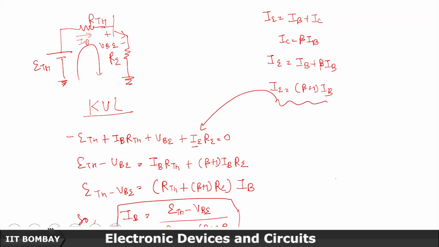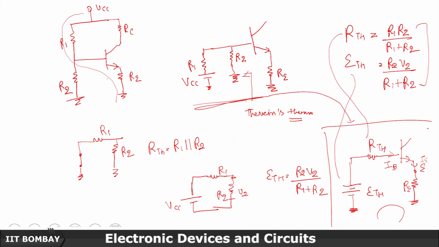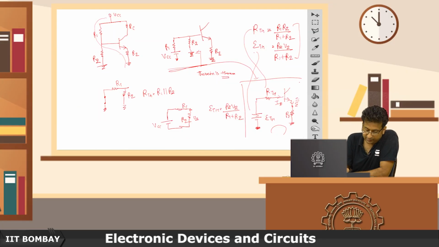So what we did here, this was the voltage divider bias circuit, because voltage division is happening here. We used the Thevenin theorem, and we calculated this RTH and ETH, the Thevenin resistance and the Thevenin voltage. By short circuiting the voltage source, the equivalent resistance comes out to be R1 parallel R2, and similarly the Thevenin voltage is across R2, which is R2 V2 divided by R1 plus R2, and the equivalent of that has been drawn here.